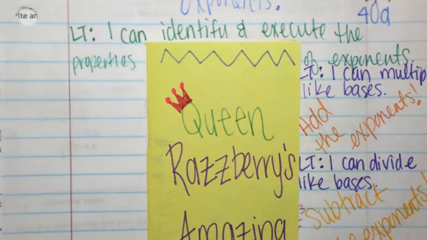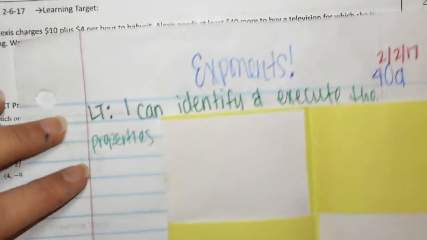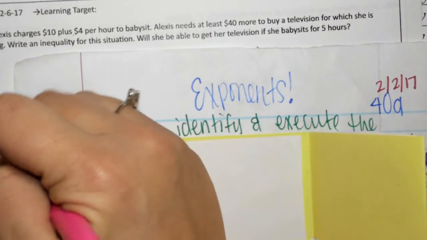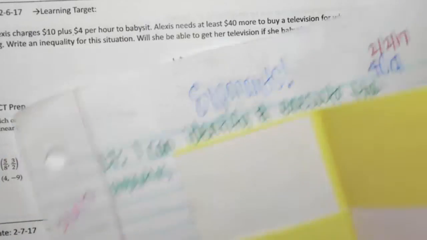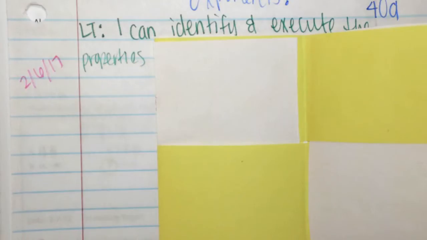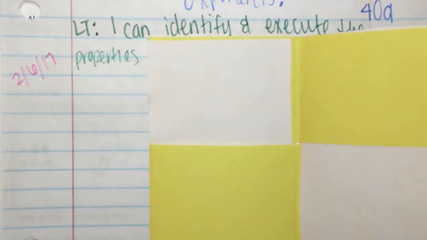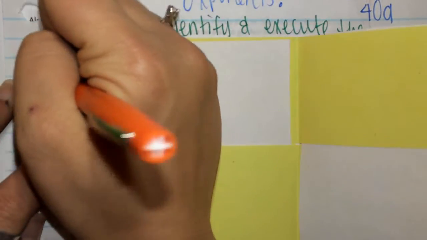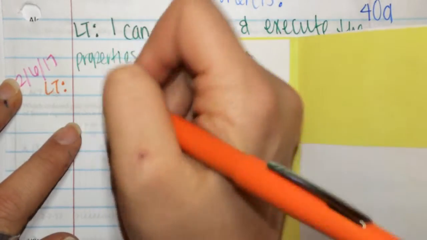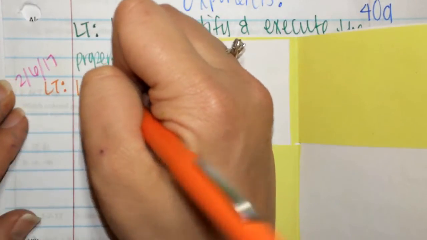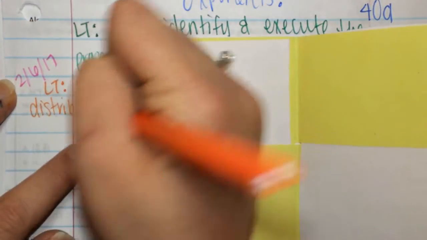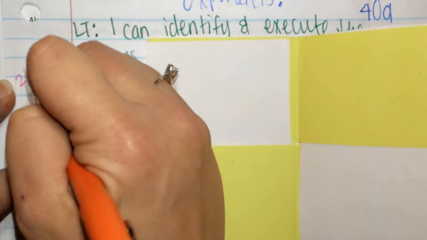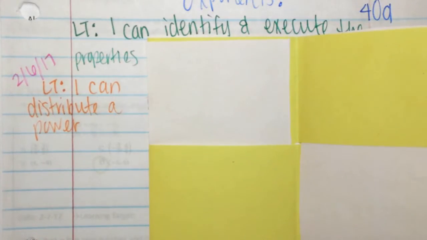Now, we're going to first write our 2 learning targets down for today. Today is the 6th. Alright, and our first learning target says, I can distribute a power. So by power, does it mean exponent or like we're X-Men?